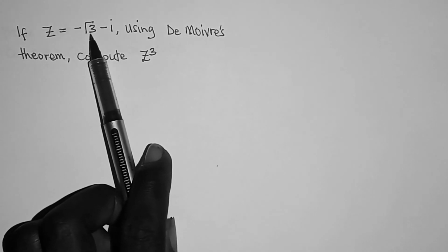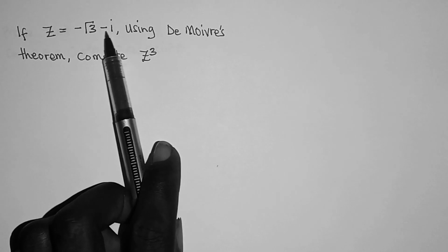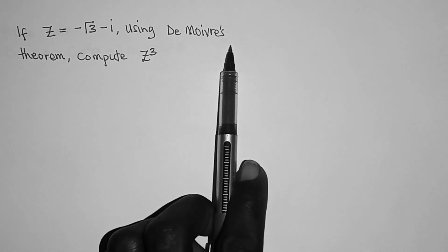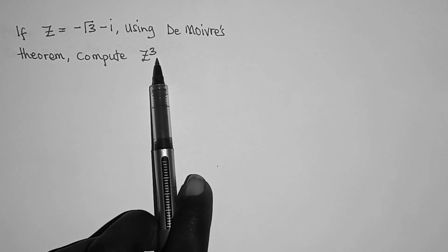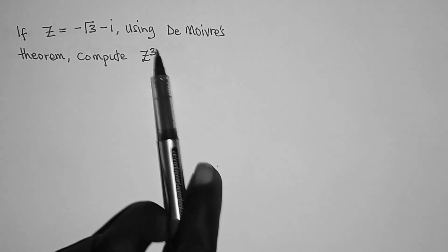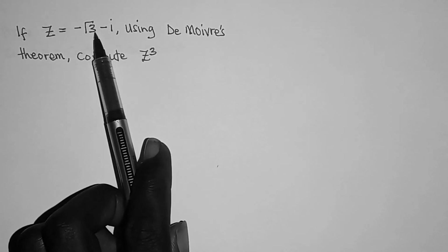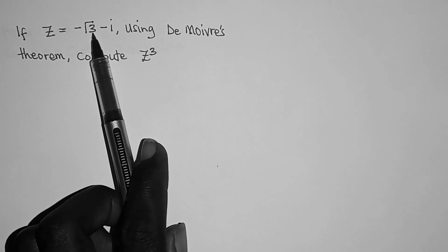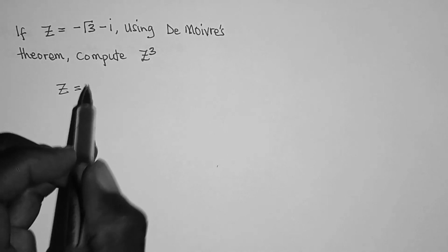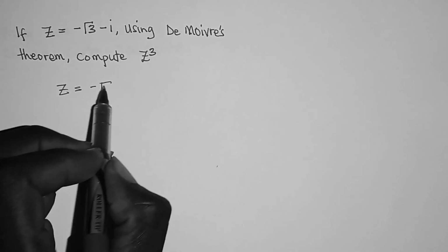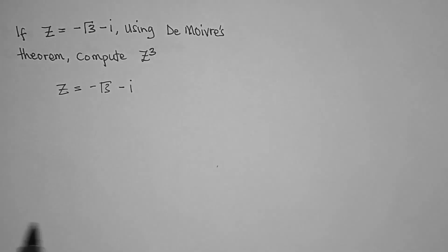If z is equal to minus root 3 minus i, using the Moivre's theorem, compute z cubed. And to be able to compute z cubed, we need to first convert this z into polar form. So let's convert z equals minus root 3 minus i in polar form.